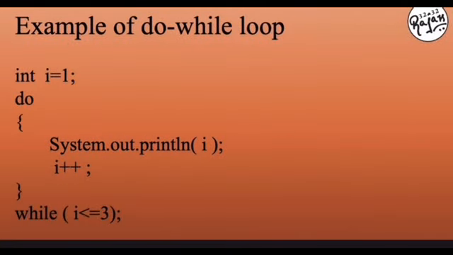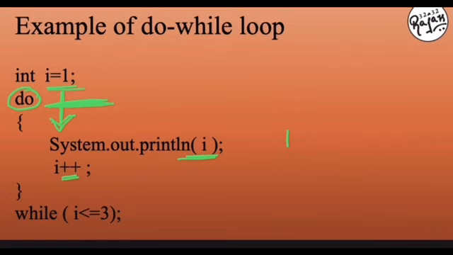After the syntax of do while, let's see how the do while loop runs and gives you the output. The initial value of the variable I, which is controlling the loop, is 1. At the time of entering the body of do while, you will not find any condition, only do is present. So it lets you get into the body of do while directly, and the first line is printing the value of I, so it prints 1.